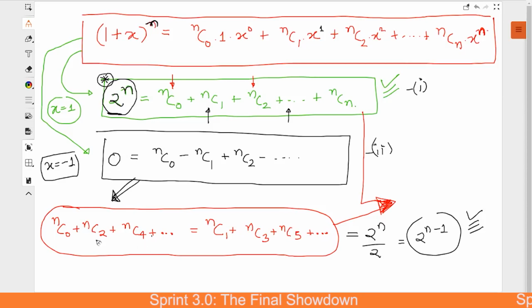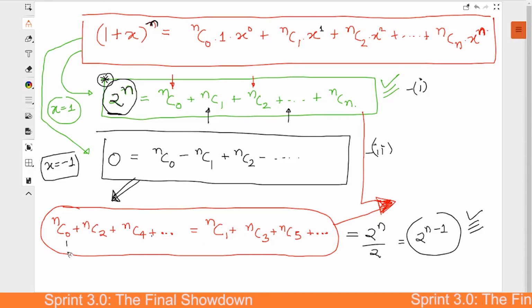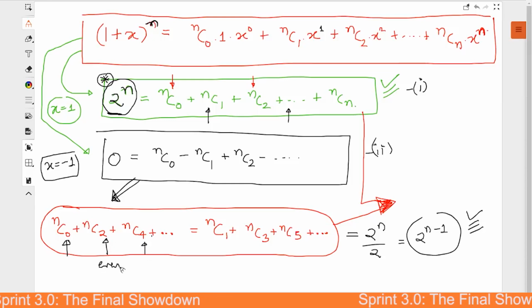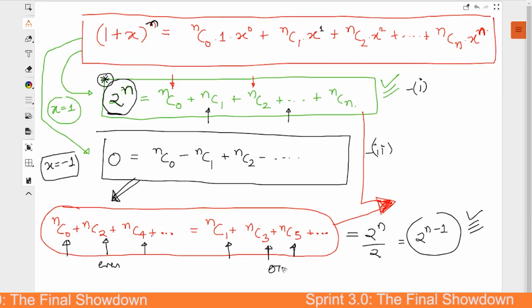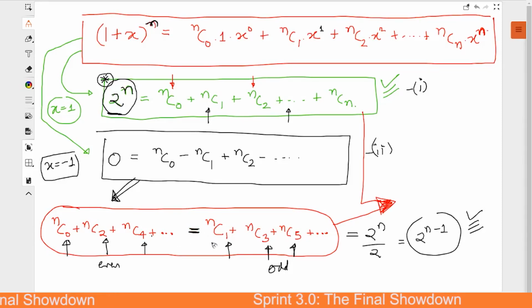So basically what it leads to is NC0 plus NC2 plus NC4 and so on is equal to NC1 plus NC3 and so on. All these are even numbers and all these are odd numbers, and both of these summations are equal.